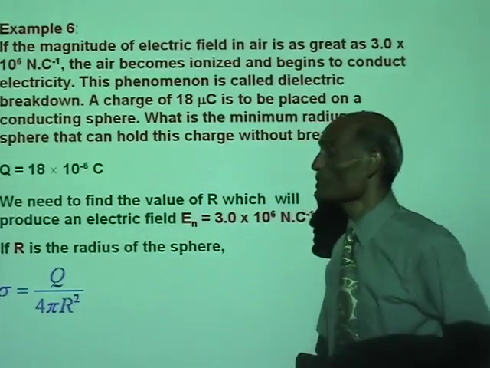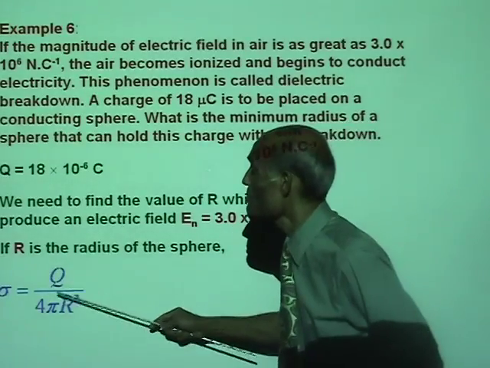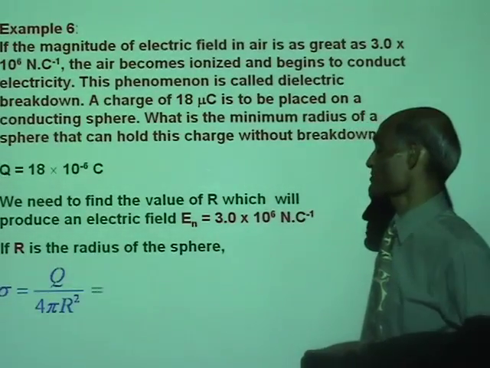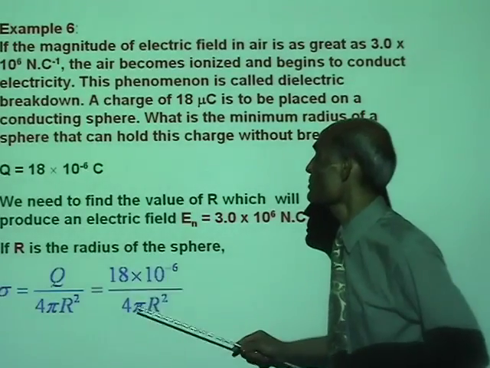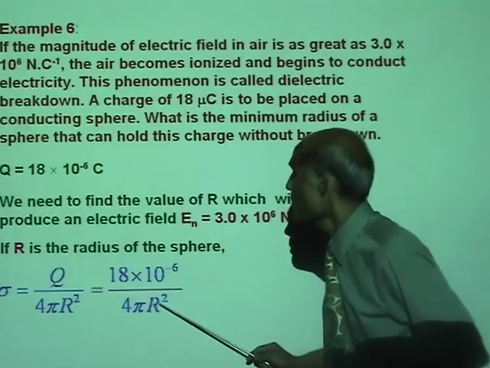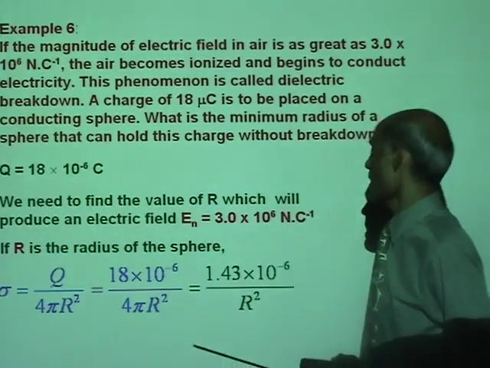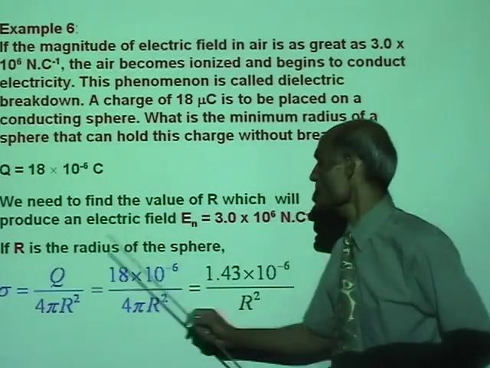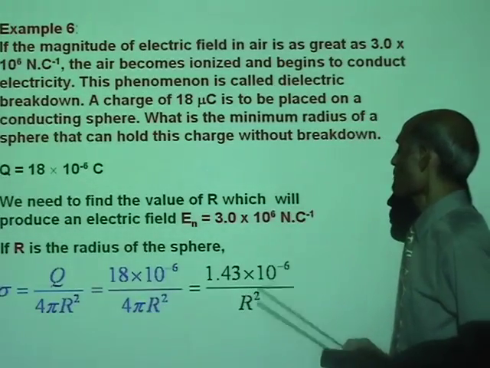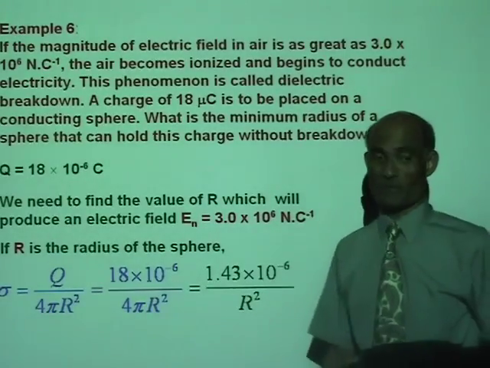Therefore, sigma, the surface charge density on the sphere, will be Q over 4 pi R squared. And you know Q, we know 4 pi, but we don't know R, so we're going to leave this in terms of R. So that will be sigma equal to 1.43 multiplied by 10 to the negative 6 over R squared.